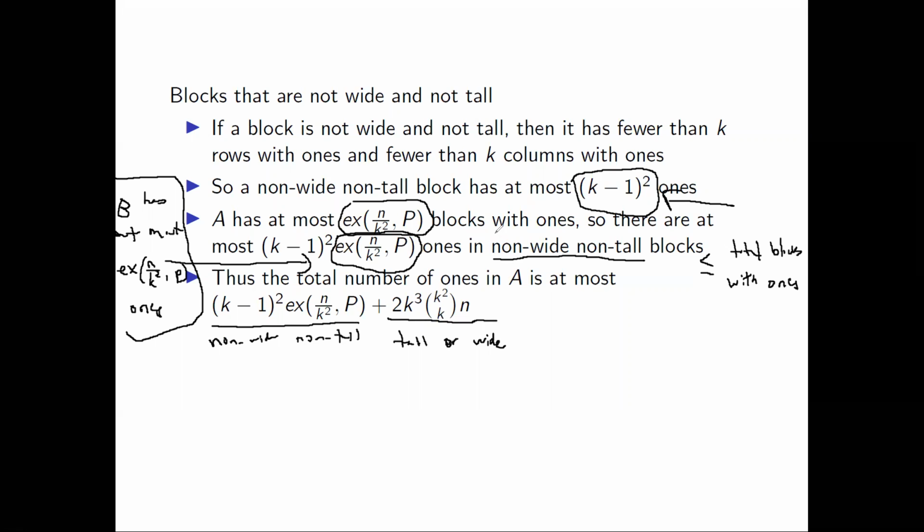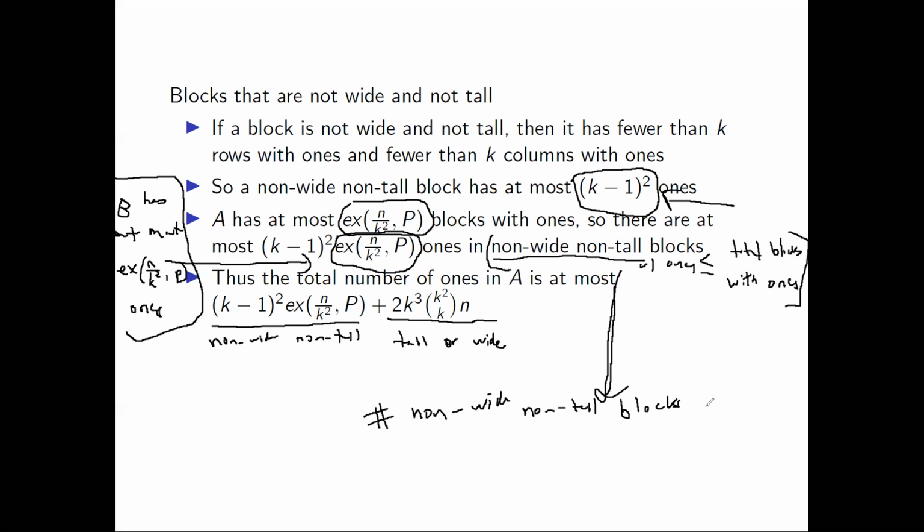And I'm going to bring this down just to mention this one more time, because the way I wrote that might be a little unclear. So this, what I'm writing right here, the non-wide, non-tall blocks. The reason why we got that bound up there is the number of non-wide, non-tall blocks with ones.